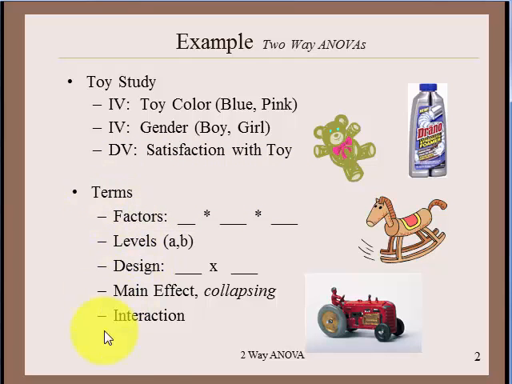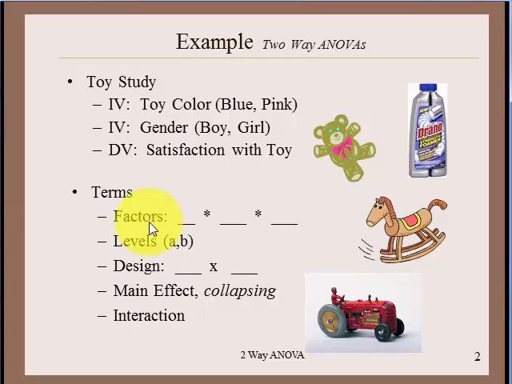So there are some terms and language that you need to understand when you're working with two-way ANOVA. First of all, factors are the sources of variation in the dependent variable that the experimenter controls. So I'll say that again. It's the sources of variation that affect the dependent variable that the experimenter controls.